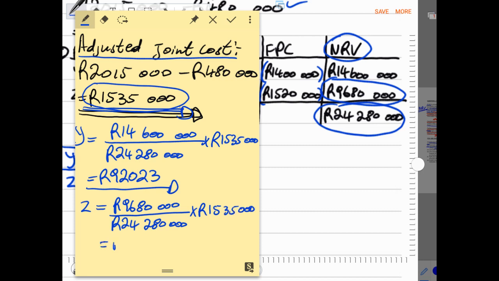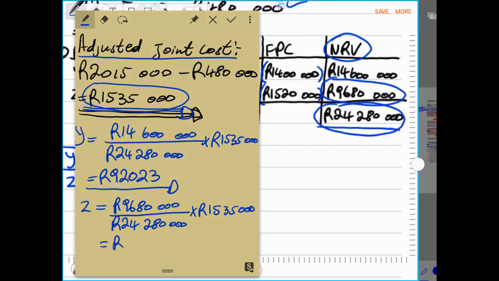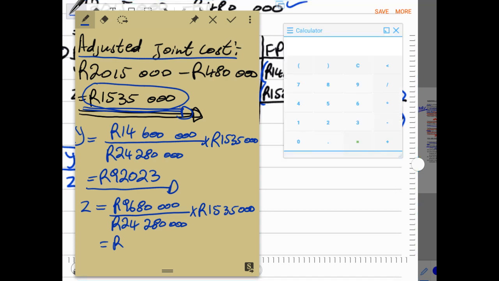Then this will give us the joint cost. Remember, this is the 24,280,000 that we divide by. Therefore, now we check our calculator once again. 9,680,000, we divide this by 24,280,000.